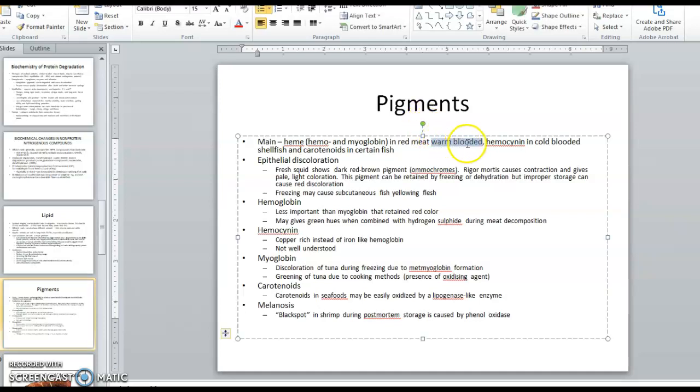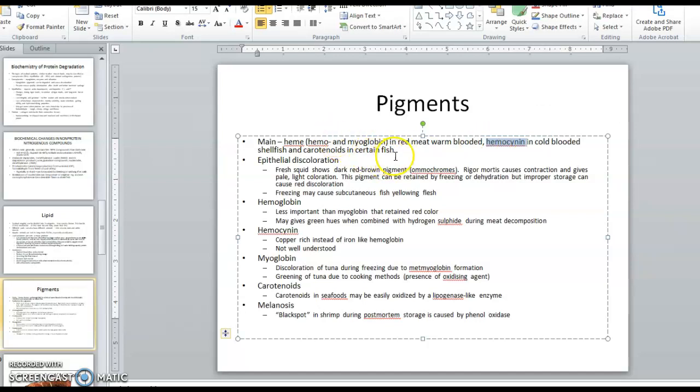This one is usually in the warm-blooded seafood, but in cold-blooded shellfish, a different kind of blood is present, hemocyanin. Sometimes the color is blue. It doesn't really have hemoglobin, so it's really special.